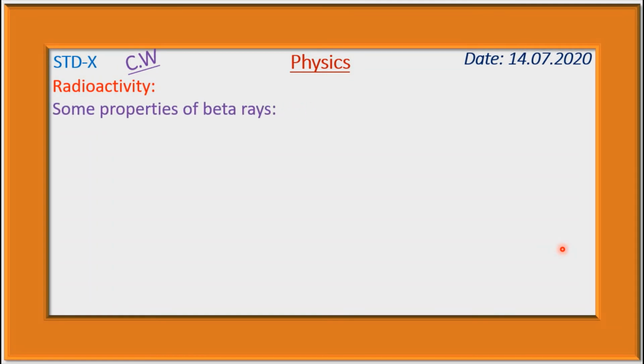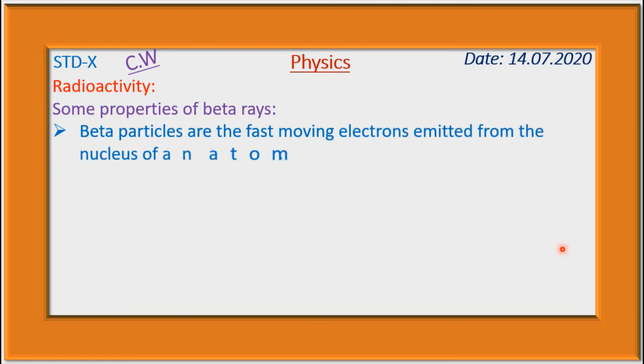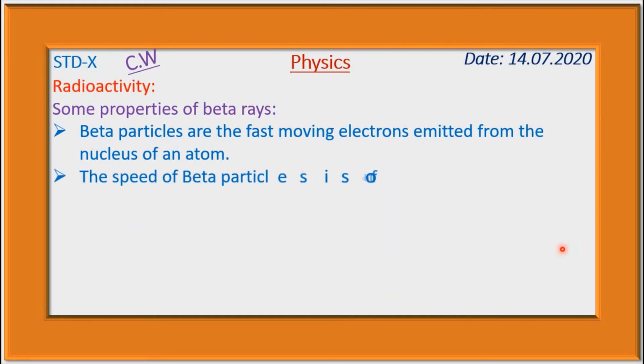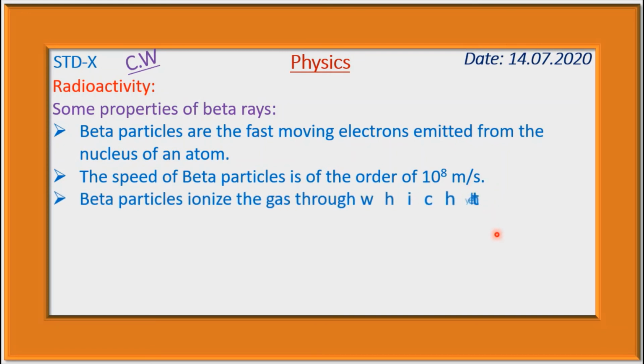Some properties of beta rays. Beta particles are fast moving electrons emitted from the nucleus of an atom. We know beta emission means emission of electrons, and the speed of beta particles is of the order of 10 to the power 8 meters per second, very high velocity.